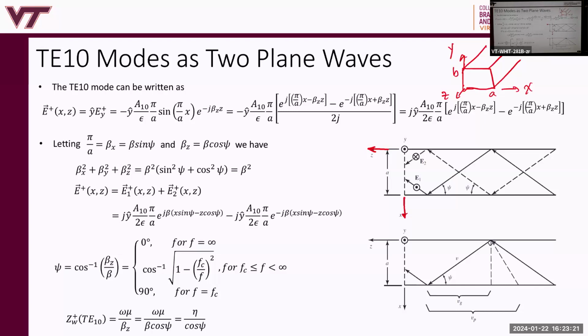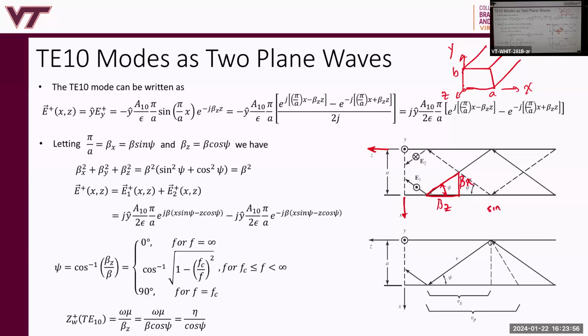So how do we get beta x from here? Here's a triangle like that. This is the angle psi, here we have beta z, and here we have beta x. So what do we get for beta x? Let's do this the long, explicit way.